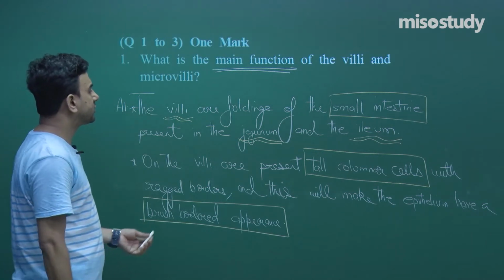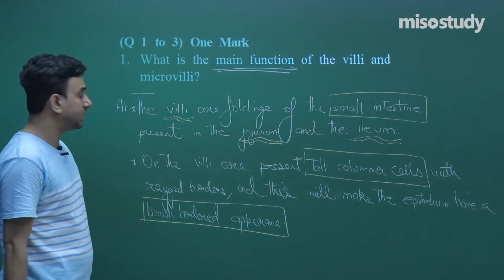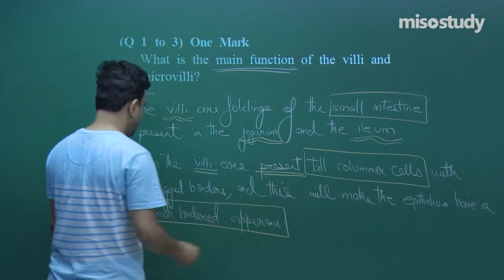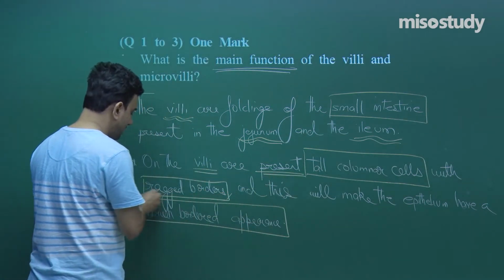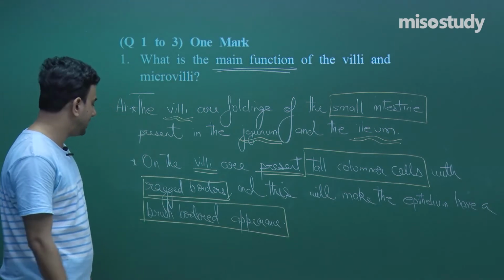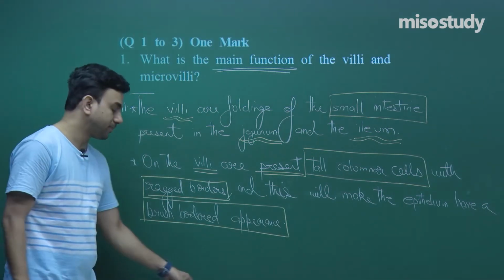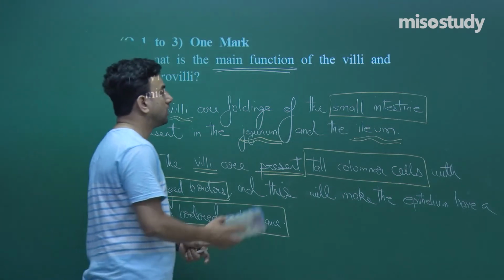The villi are foldings of the small intestine present in the jejunum and the ileum. On the villi are present the raised borders, and this will make the epithelium have a brush bordered appearance, right.